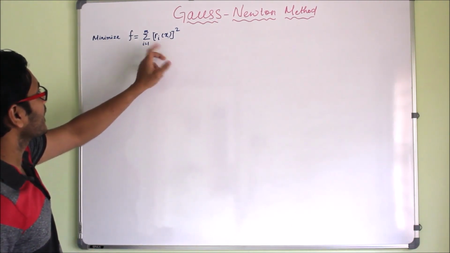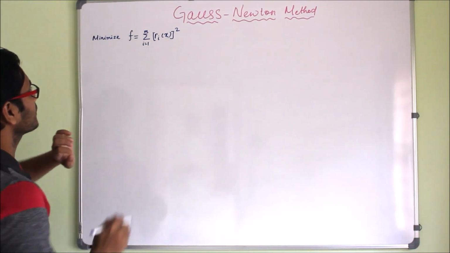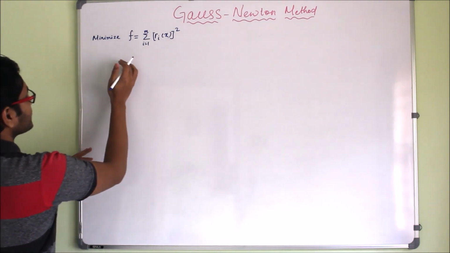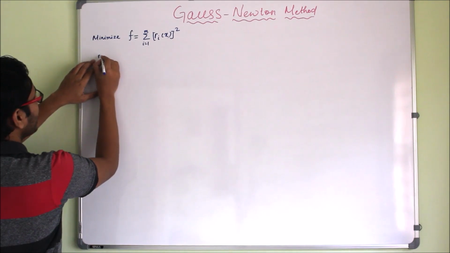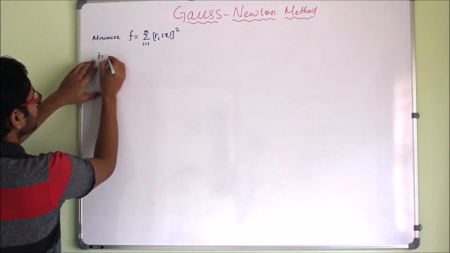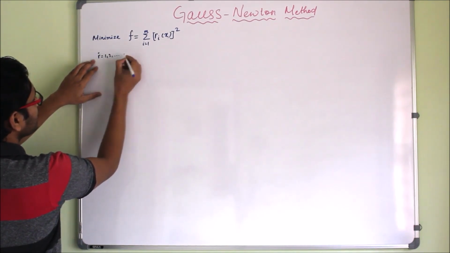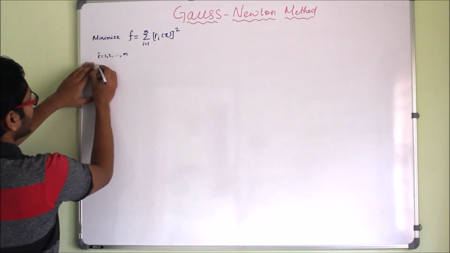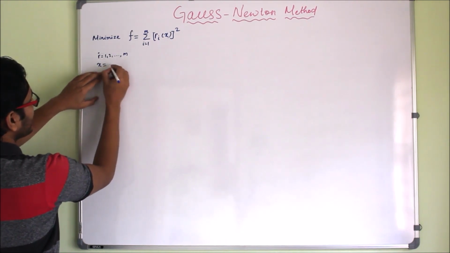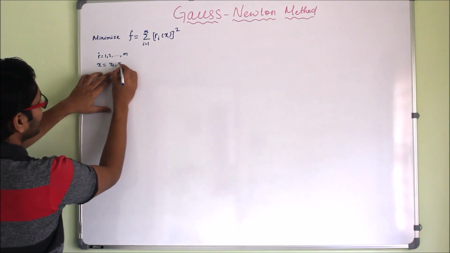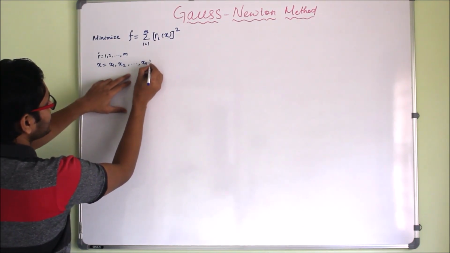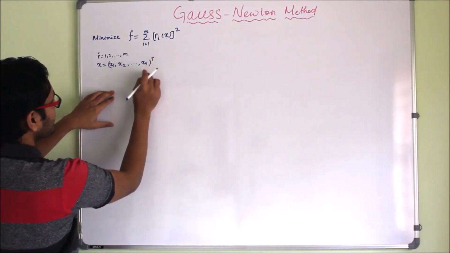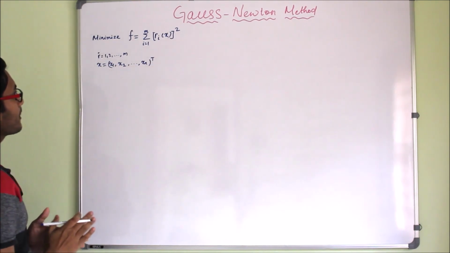Here r1, r2, r3 are functions. i varies from 1 to m, and x is a vector having n components, x1, x2, xn. Transpose you will write because this is a column vector.